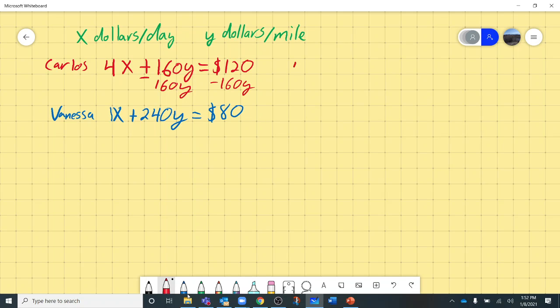And we get 4x is equal to negative 160y plus $120. We're going to divide out the 4 from everything. 4 divided by 4 is just x. Negative 160 divided by 4 is negative 40y. And 120 divided by 4 is 30. So there's my equation solved for x.